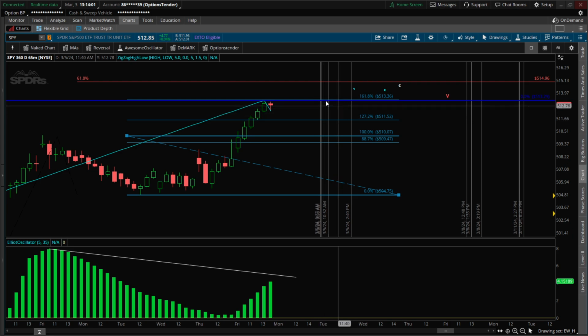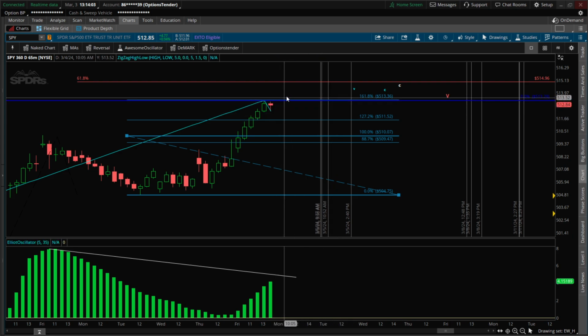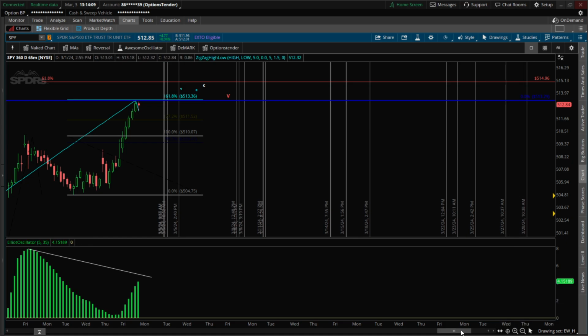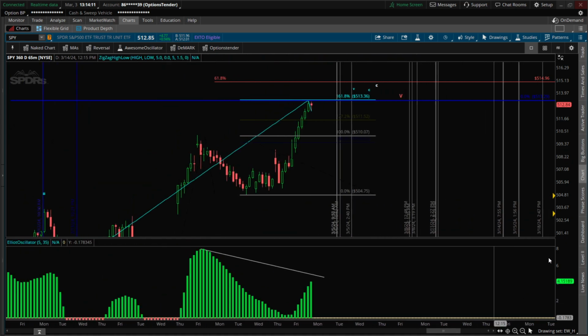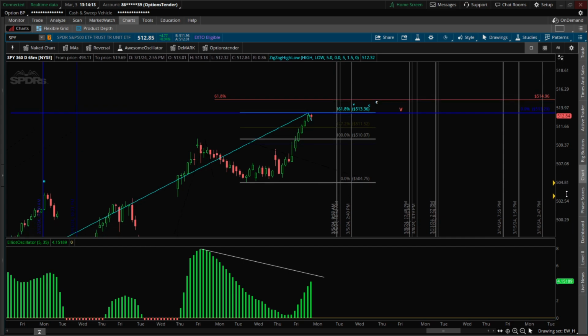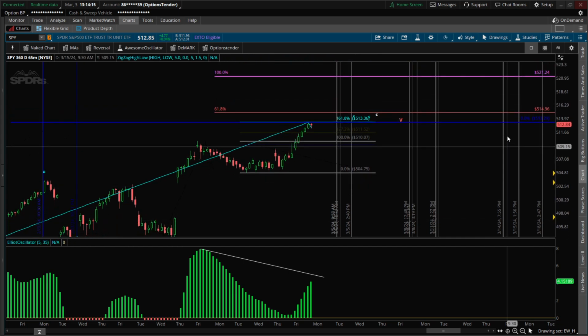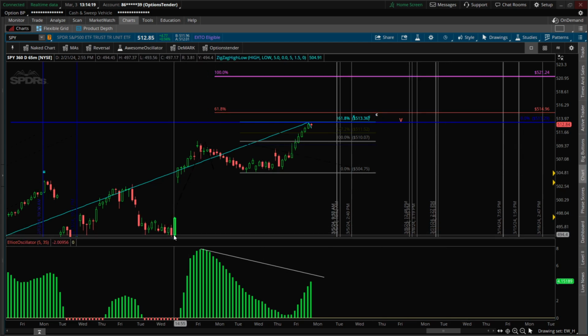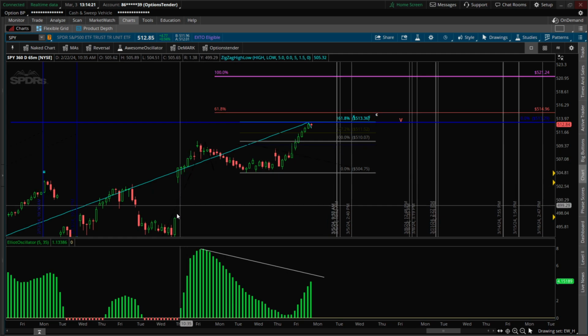So that was one of our targets. And then the next target is wave 3. It's very typical for wave 5 to be a 62% extension of the full wave 3. So here's wave 3.